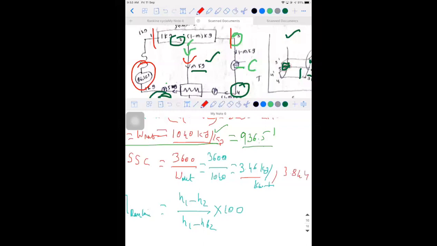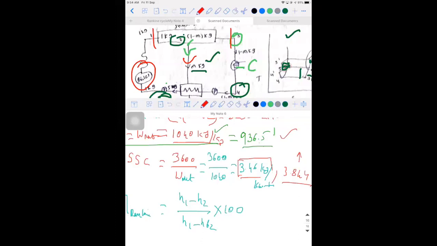Because the work produced is less with regeneration, we need more specific steam, or more steam. Without regeneration, we can have a minimum amount of steam. So with respect to net work produced or specific steam consumption, the regenerative cycle is inferior and the regular Rankine cycle is superior.